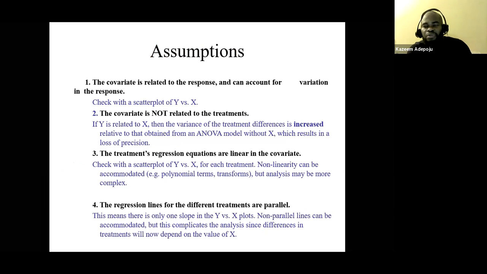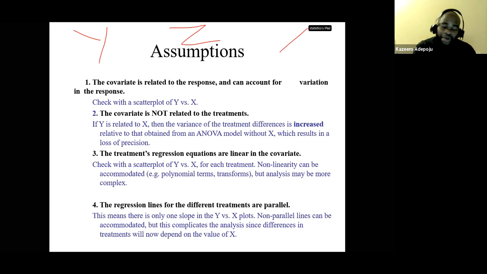Now let us go into the assumptions of analysis of covariance. I told you before, every statistical model has assumptions, because a model is as good as the assumptions put into it. What are the assumptions of analysis of covariance? Right now, I'm going to call Y the response. I'm going to call Z the factor, the categorical predictor, also called the treatment.